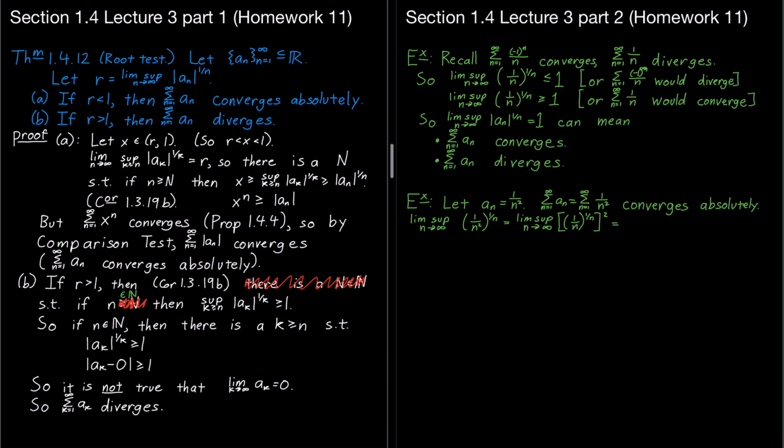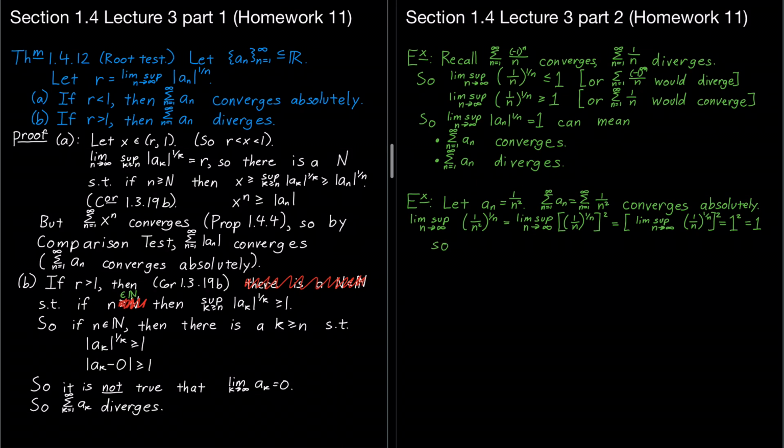You can prove that you can move squares into and out of limits. And we saw before that this limit is indeed 1, so 1 squared is 1.